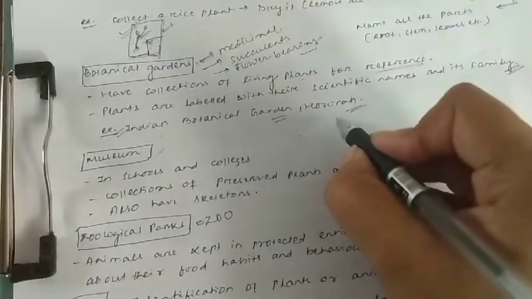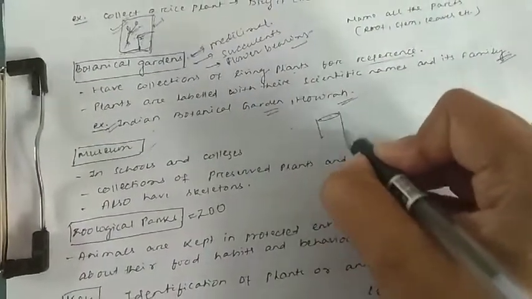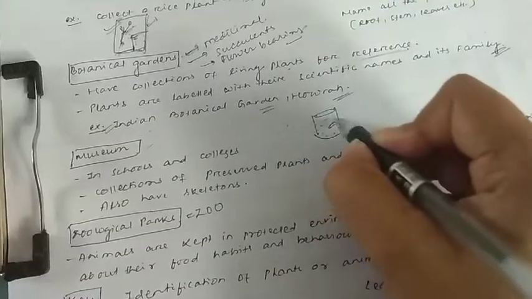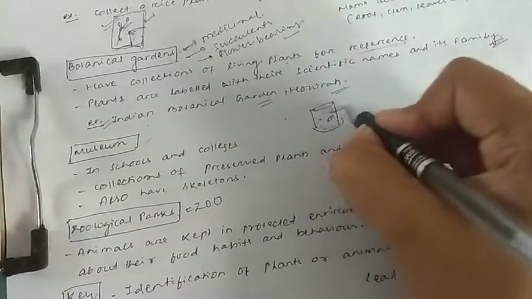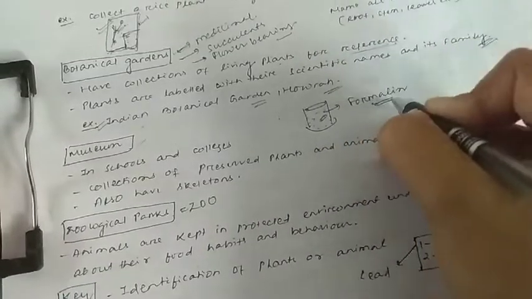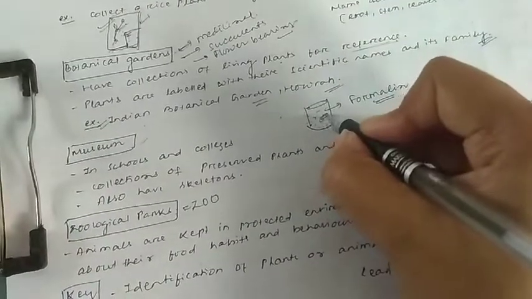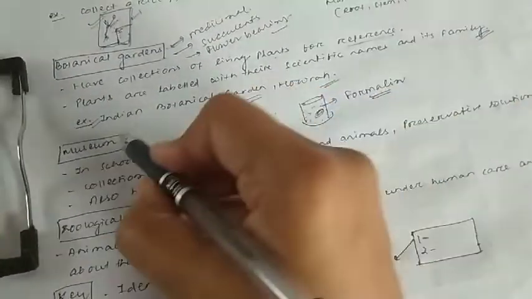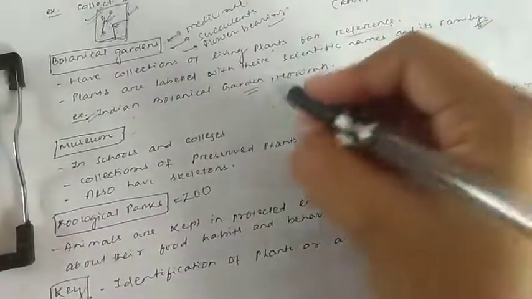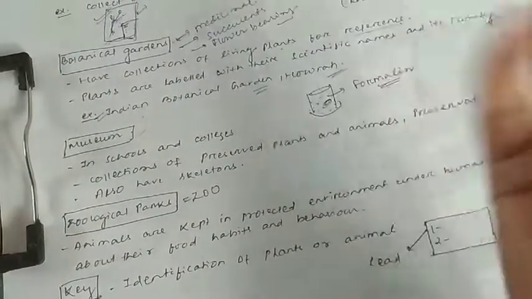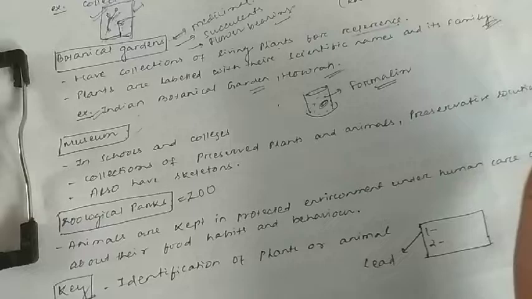They are stored in a jar, in a container with a particular solution, and this solution is known as formalin. In formalin, we can store animals for a longer time, and in museums you can also find the skeletons of dinosaurs and many other organisms, like humans also.